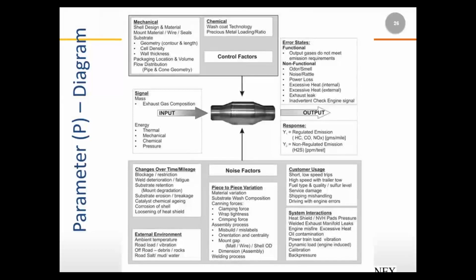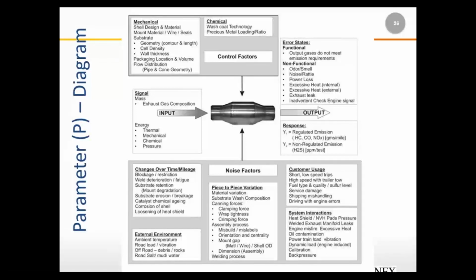Hit the key again because we got one more piece. Okay, with those noise vectors, we also have the error states, which are really the failure modes of the product itself. This is an example, actually from the 4th edition of the FMEA manual. It shows a catalytic converter where we have the input, we have the converter itself, and then we have the output.